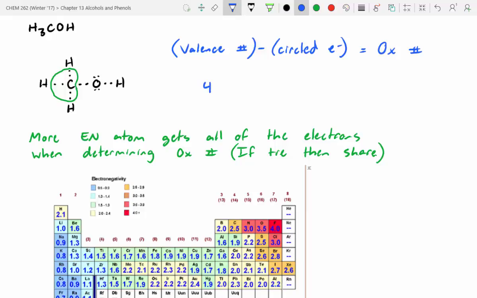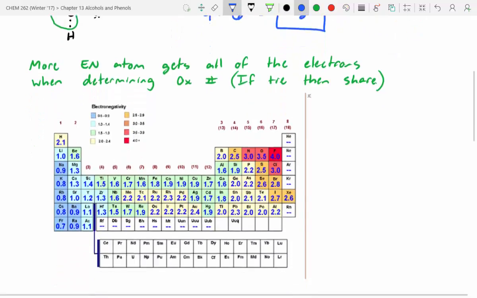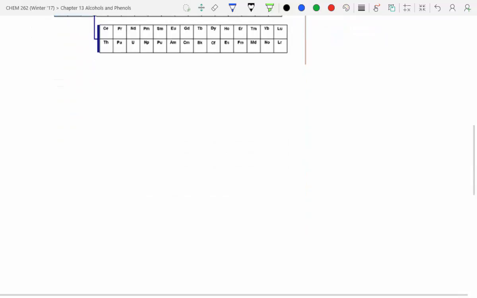If you look at the columns in the periodic table, right, it's group 4. And then we've got how many circled electrons? 6. So its oxidation number is going to be -2. This doesn't immediately tell us a lot unless we're comparing it to another molecule, but we'll talk about that in a second. Let's do a couple of examples down here.